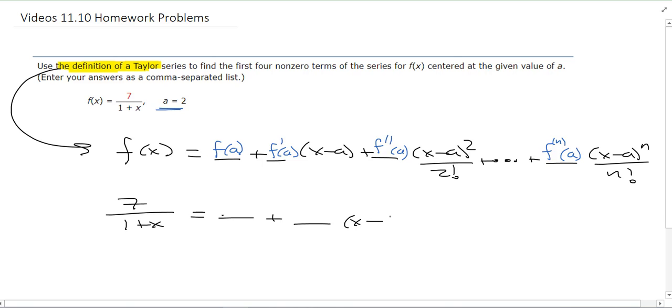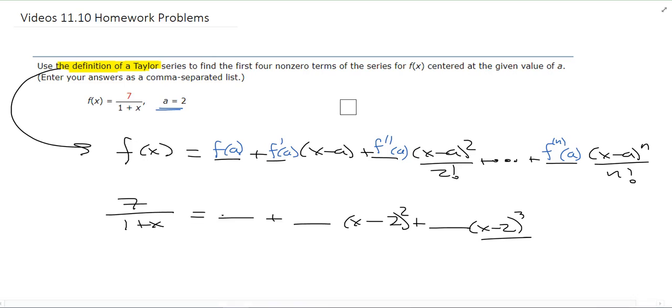Well, a is 2, so it'll be x minus 2 squared plus blank times x minus 2 cubed. I went out of order, didn't I? To the 1, to the second, over 2 factorial, and so on. So with the zeroth power, the first power, second power, and so on forever.